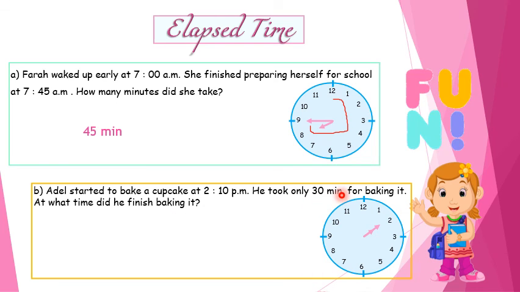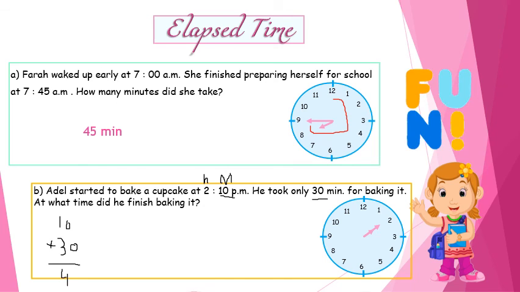So I will add 30 minutes to the minutes we have. I have here 10 minutes, as I know that in the digital form, this is the hours and this is the minutes. So I add 30 minutes to the 10 minutes we have. So I write here 10 plus 30, which equals 40.